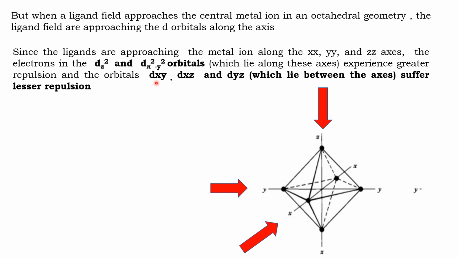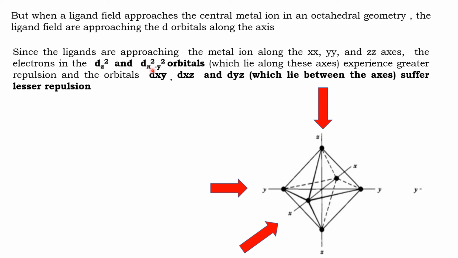And dxy, dxz and dyz, which lie between the axes, suffer less repulsion. So 5 orbitals were together, but now these two orbitals undergo maximum repulsion while these three orbitals undergo minimum repulsion. So the degeneracy of the d orbitals gets removed, or we could say the 5 d orbitals split into 2.